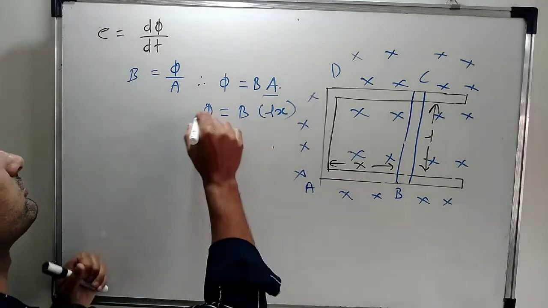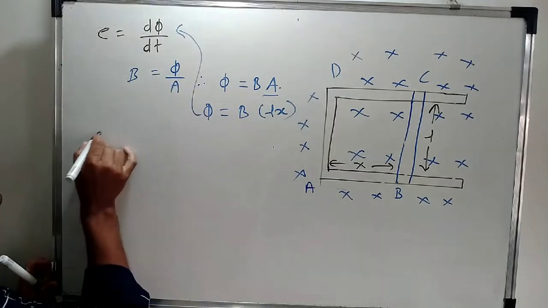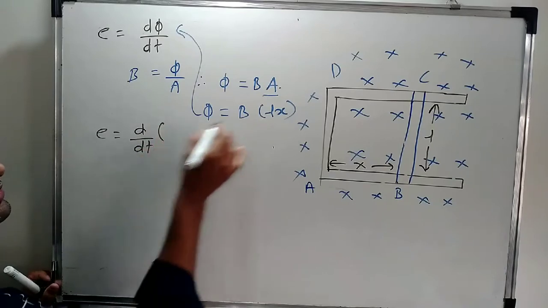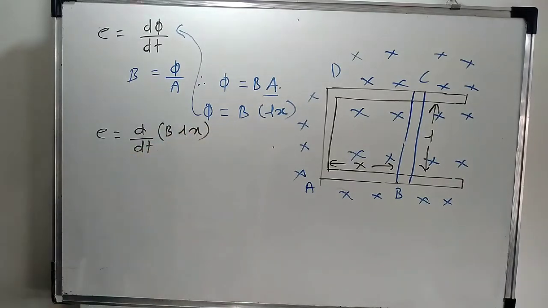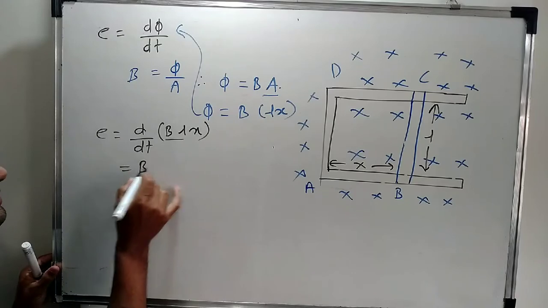Put the value of phi in the above equation of E. Then E is equal to d by dt of BLx. What is constant here? B and L are constant.